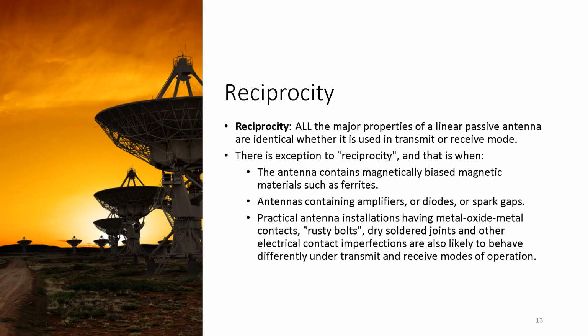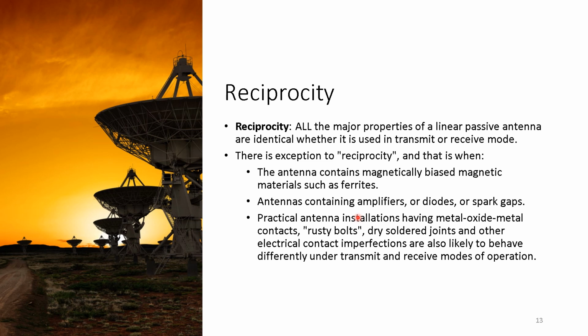Another concept that we might think of is the reciprocity. An antenna will act as a transmitter in a very similar way when it's used as a receiver, except there are some special cases, of course, if the antenna has a certain type of magnetic material, or there are some problems, or if there is an active element like diodes, because they operate in a different way.